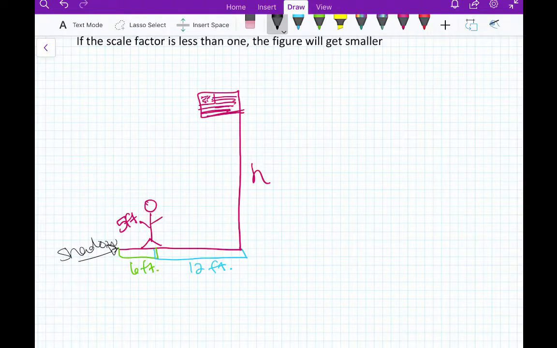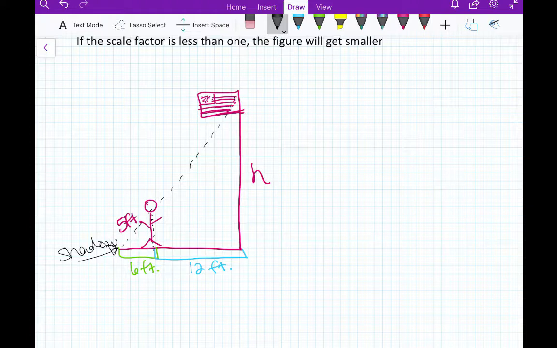And so we have similar figures created by his shadow and the flagpole. We can sketch a triangle here and talk about the similar figures. We also have a triangle created by this man and the shadow. We need to figure out what our ratios are that we can set up in order to find the height.